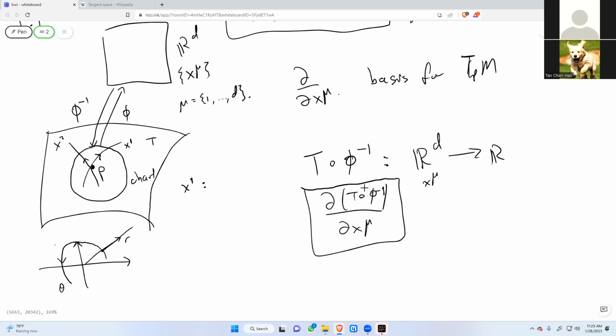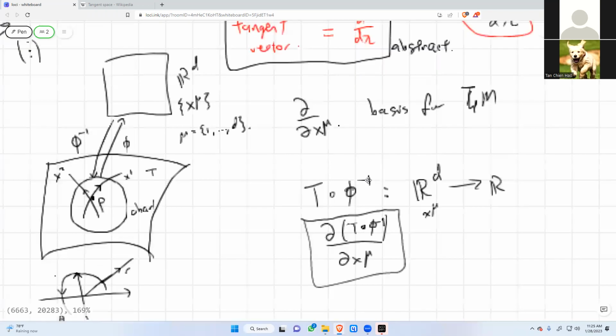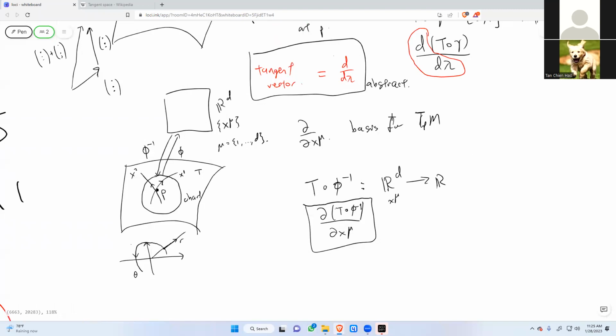If I do that, increasing each coordinate and measuring how the temperature changes as I increase that coordinate is given by this partial derivative. And what can we do from here?